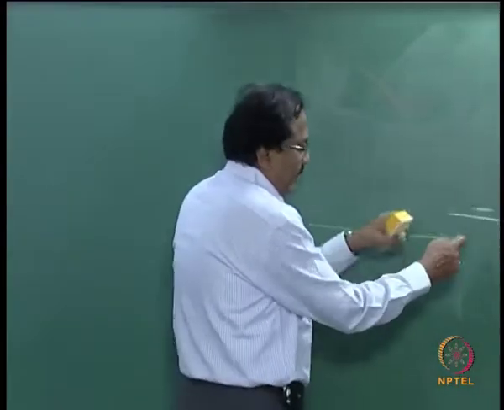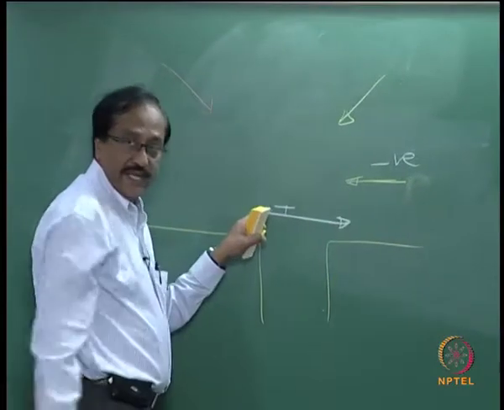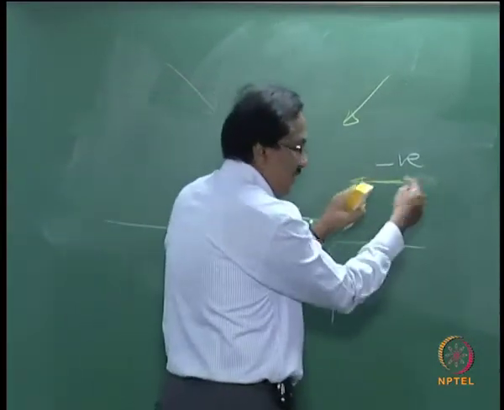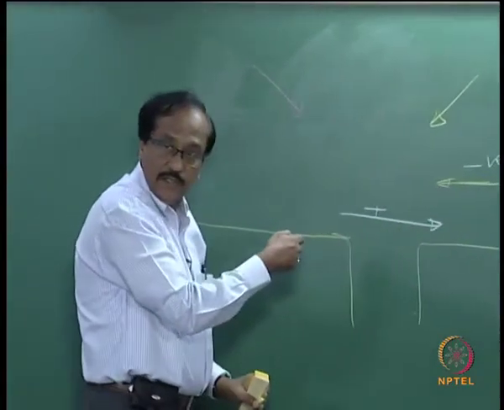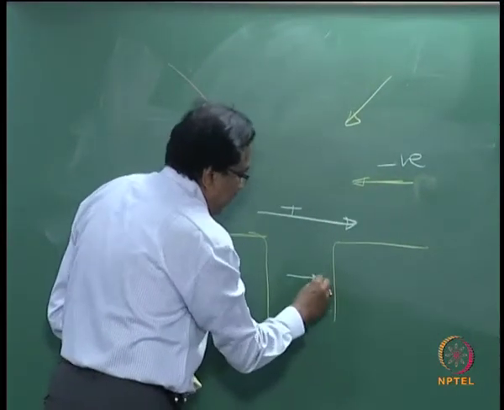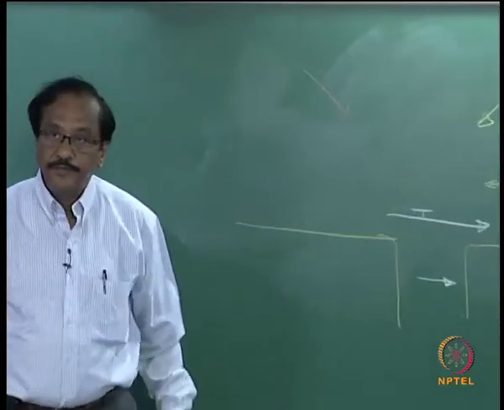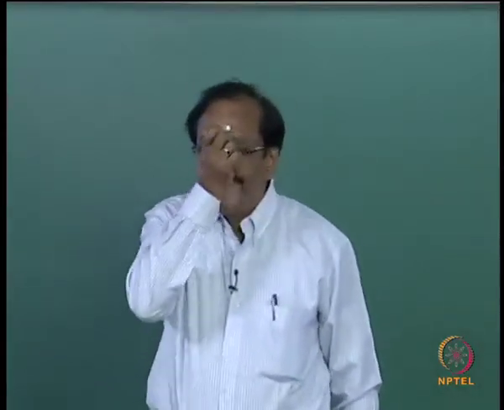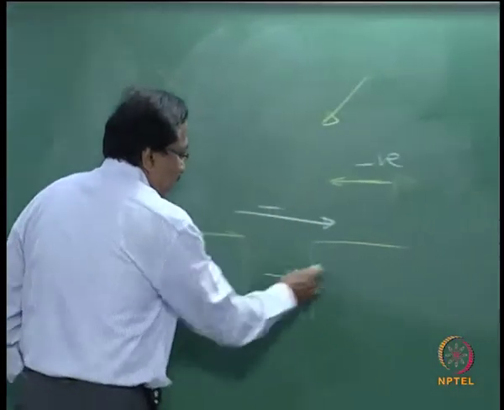Then you see the magnitude in this direction is more compared to this direction. So this minus this, the net drift will be in this direction. Am I right? The net direction will be in this direction.